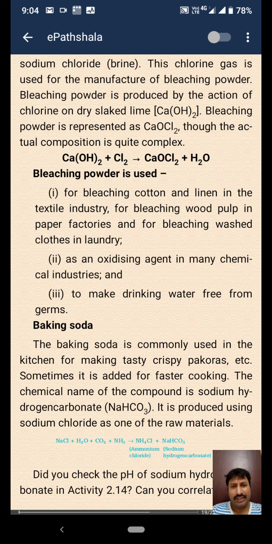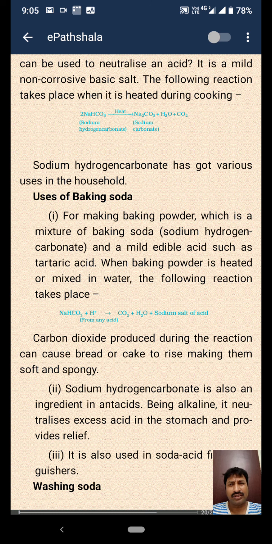There are a lot of procedures and steps in between; you will study those in your higher classes. I'm just rushing through because this is a revision class. NH4Cl plus NaHCO3, that's what. And what is water of crystallization?